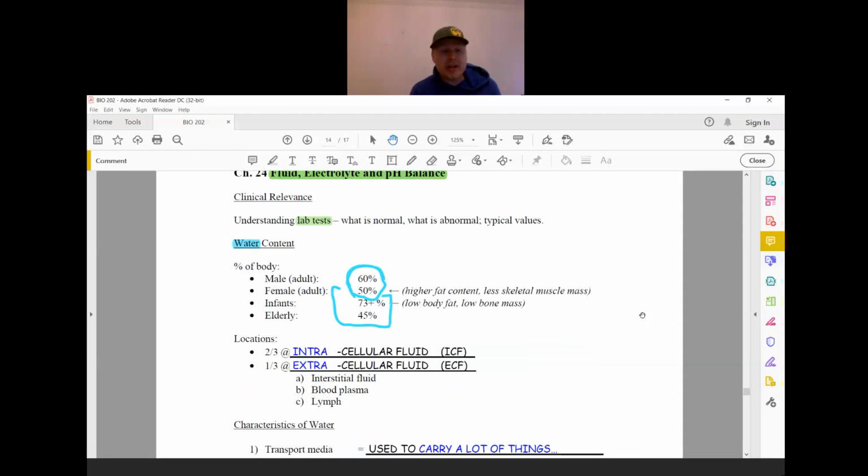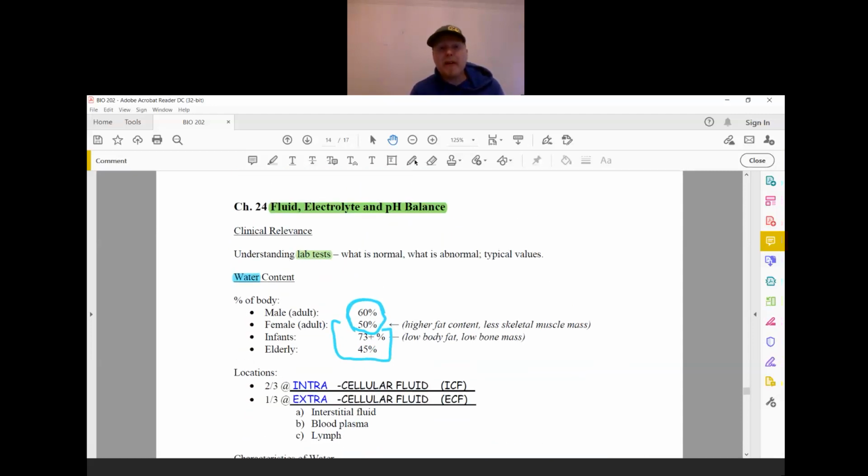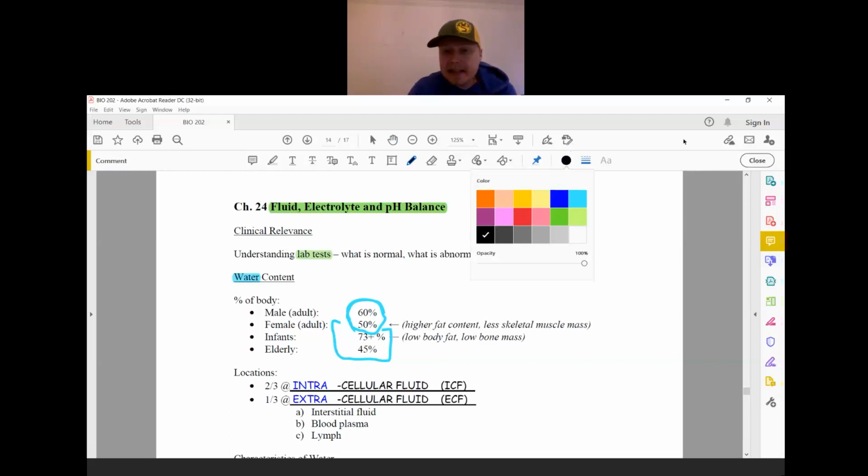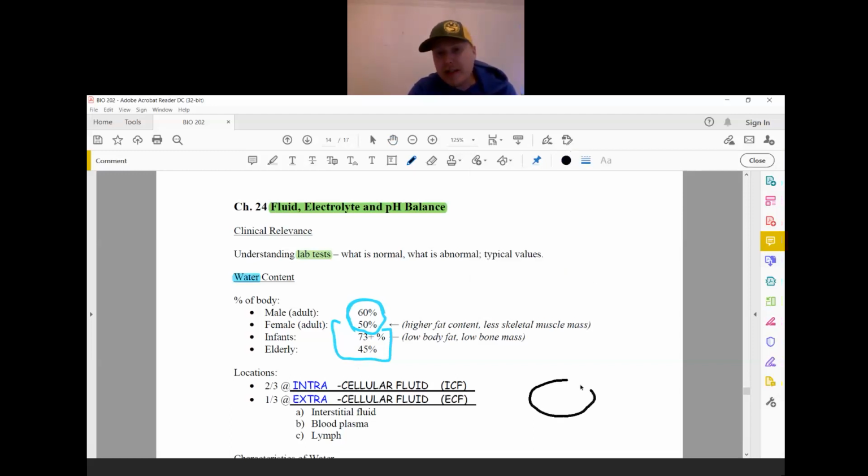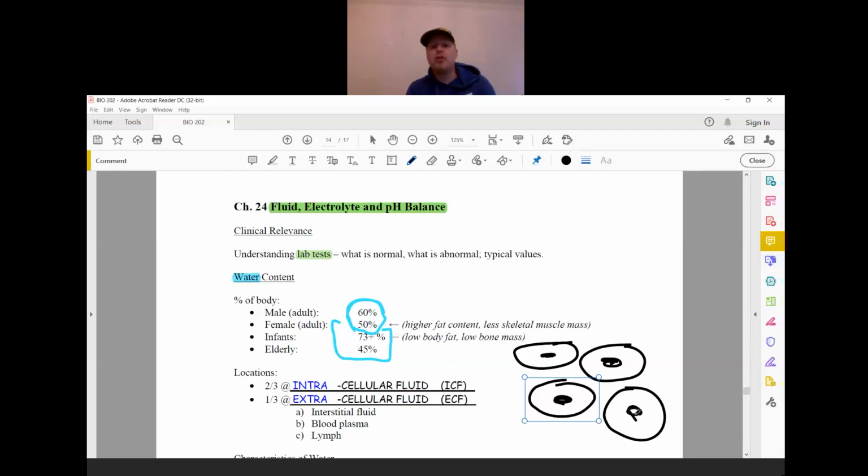Let's look at the locations of water. Where do we find water in the body? To make things a little bit simpler to visualize, I'm drawing a picture here with a couple of structures. What we see here is a bunch of cells with their nuclei showing up nicely.